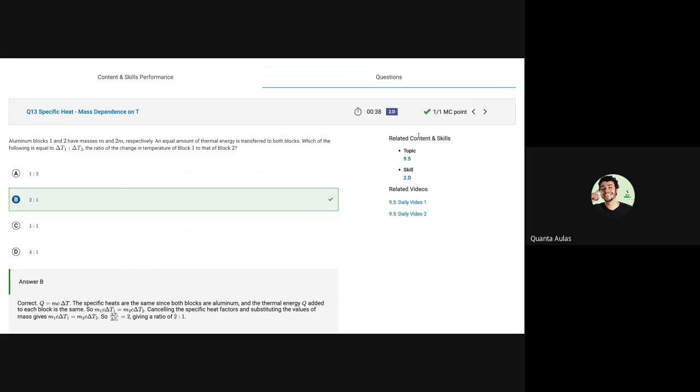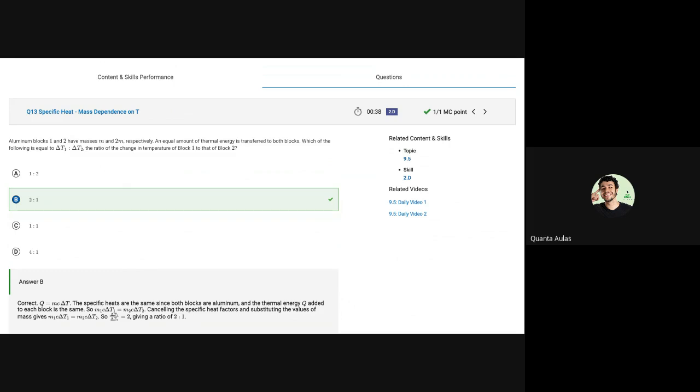Oh my God, again, the heat equation. But in this situation, we don't have values. The question asked us about a ratio, okay? A ratio of the change. So you just write two equations and divide the equations.